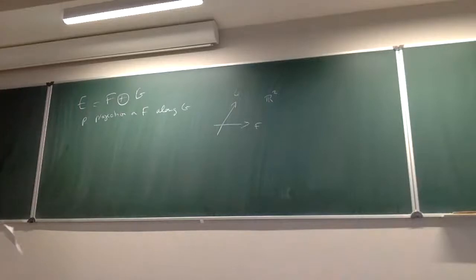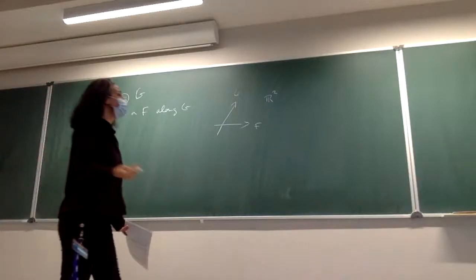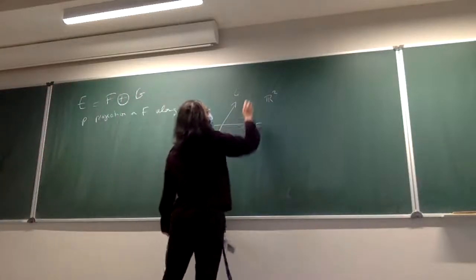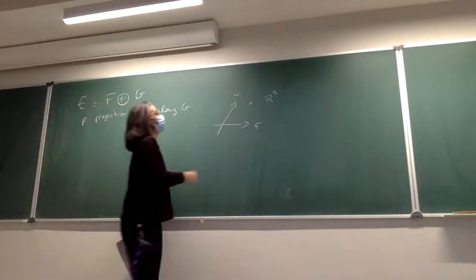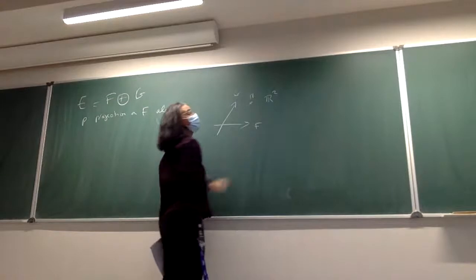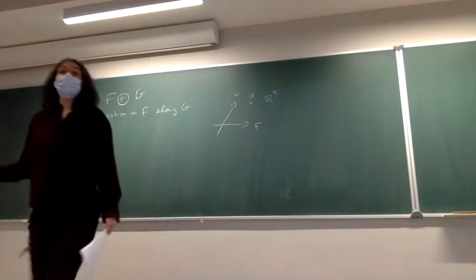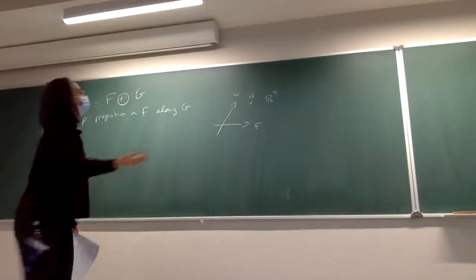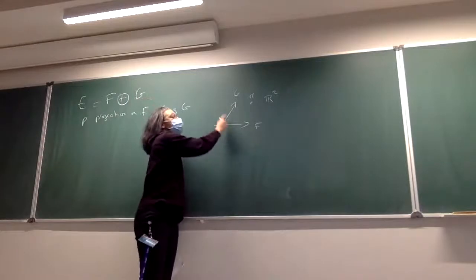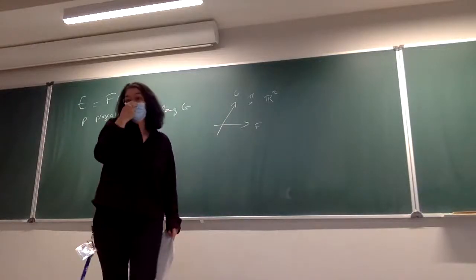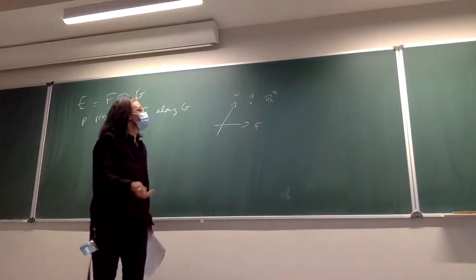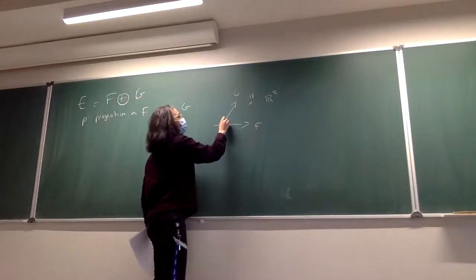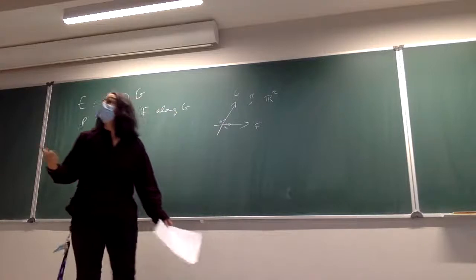Okay, so that would be your space F, that would be your space G in R2. You really have a direct sum. And the projection tells you that whatever item in that space, right? So let's say that point, right? You can find an adapted basis to the spaces F and G, right? But even if I don't talk about adapted basis, you know that if I've got two vectors here, non-collinear, they make a basis.